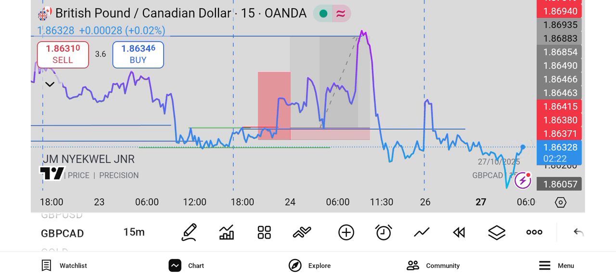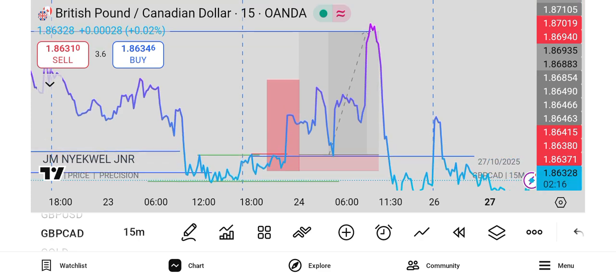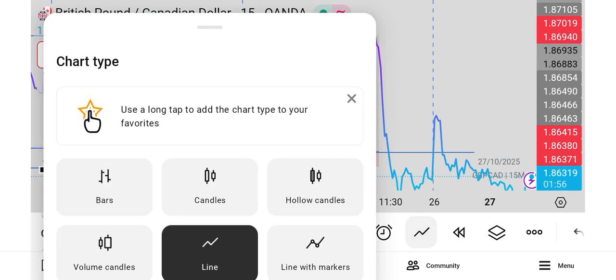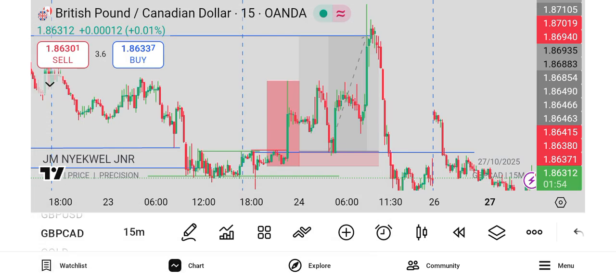So after the 4-hour POI has been retested, you drop to 15-minute time frame. On a 15-minute time frame, look for double break of structure, and it's on a line chart, not candle. Line chart. So let's take a look at the candles.